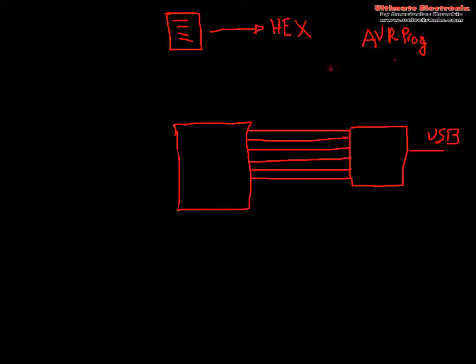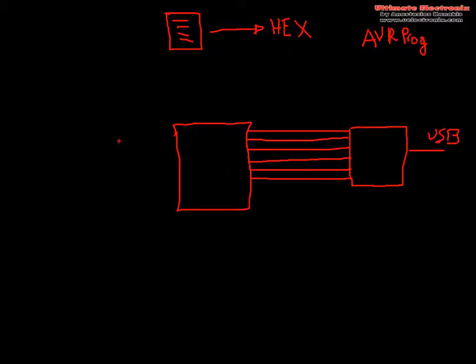You can program this file through this cable. It will go to the programmer, which drives the chip properly through these pins and loads it to the chip. After that you can disconnect these cables and give power with a battery or other sources as you want, and that's it. Your program, which you wrote here, will start running in the microcontroller.